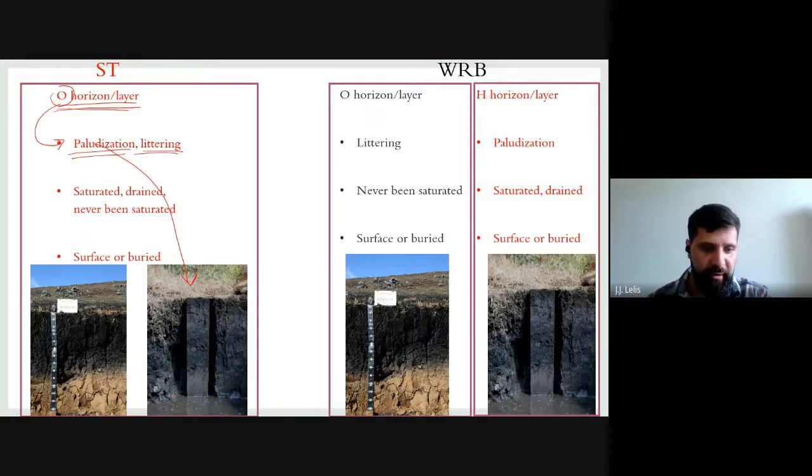As you can see here, the water helps a lot to accumulate organic matter.